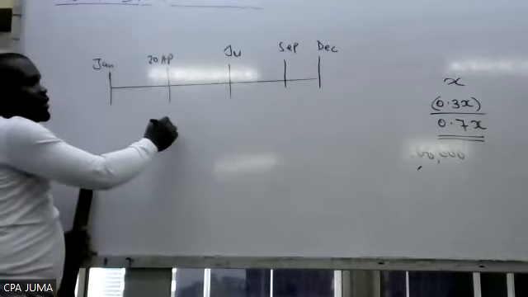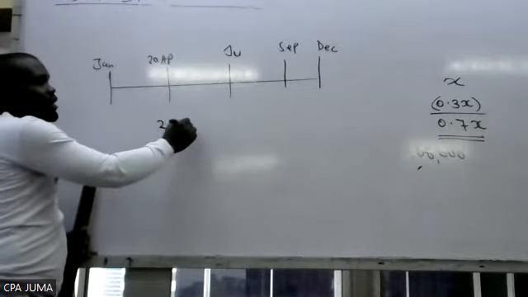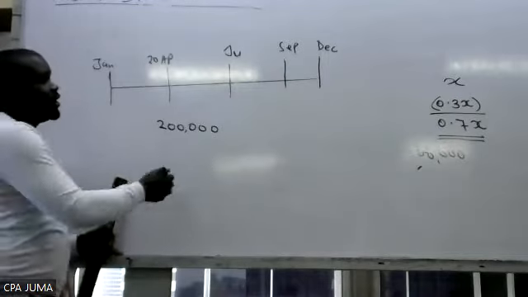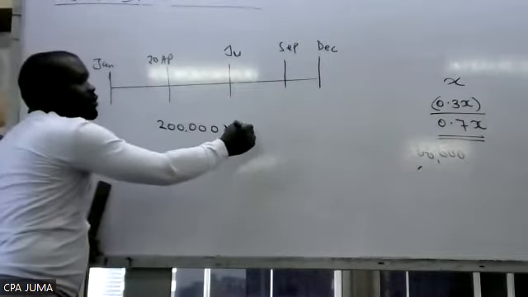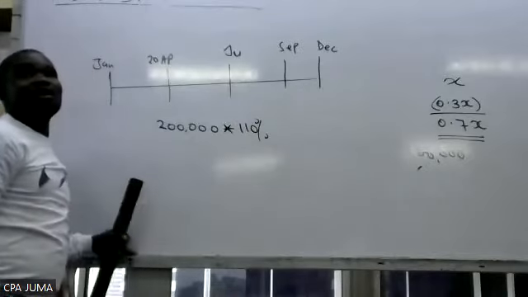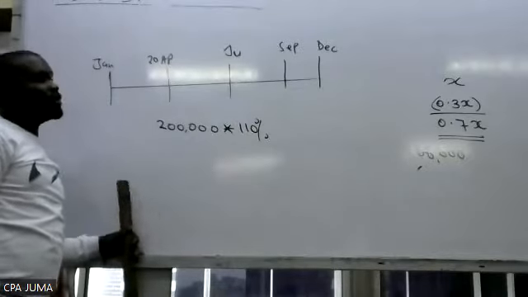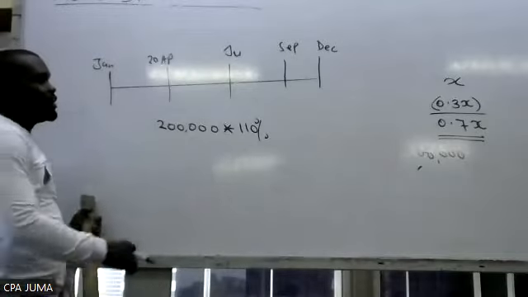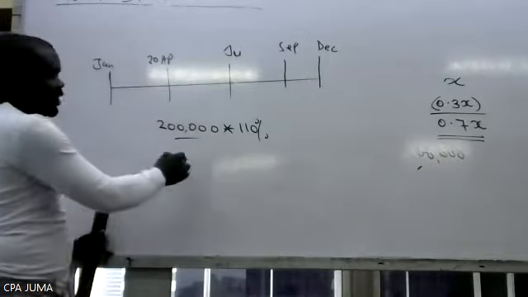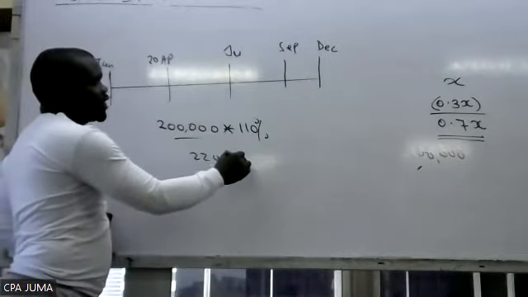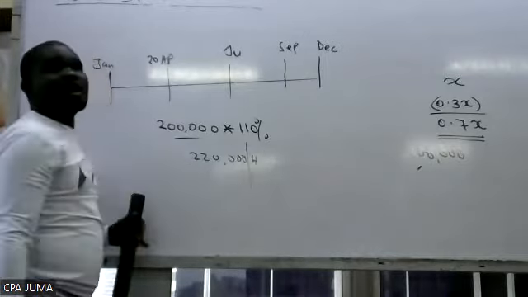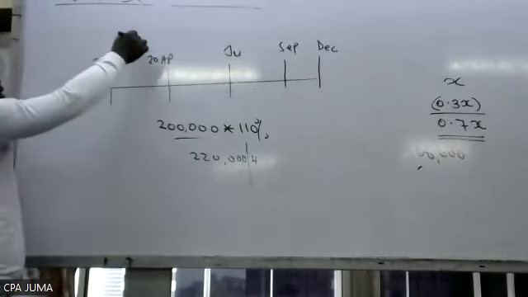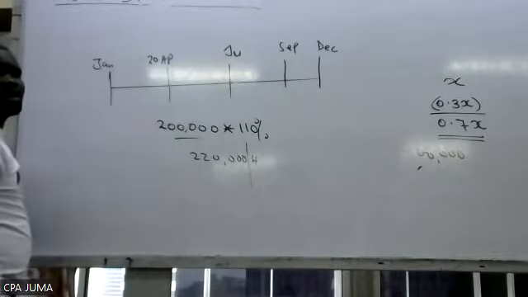If last year we paid tax of 200,000, the taxman allows you to estimate at what percentage for this year? 110. So yes, you estimate 110 percent of what you paid last year. Once you have estimated at 110, assuming it is 220, then you can divide this 220 by 4. So you'll be paying 220 divided by 4.